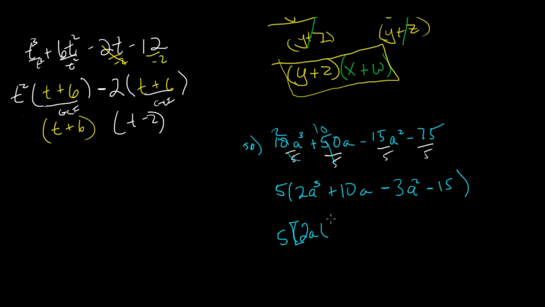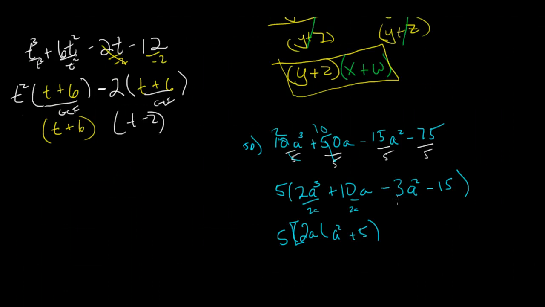And that 5 is still out there, don't forget about that. If they have a 2a in common, then I can divide that from both of those two, and I get 2a cubed divided by 2a is a squared. 10a divided by 2a is a positive 5.